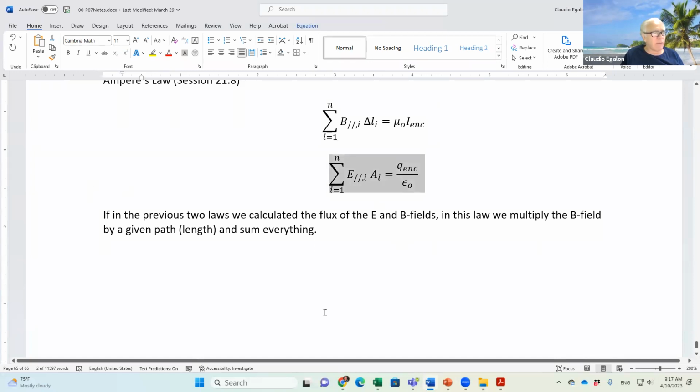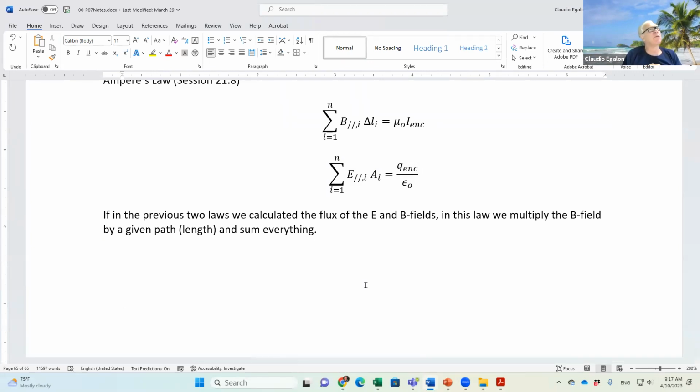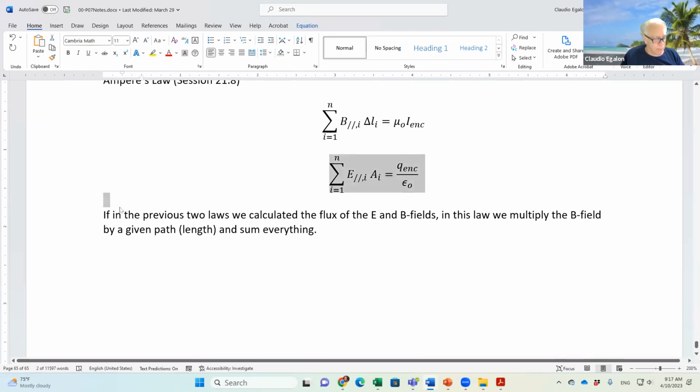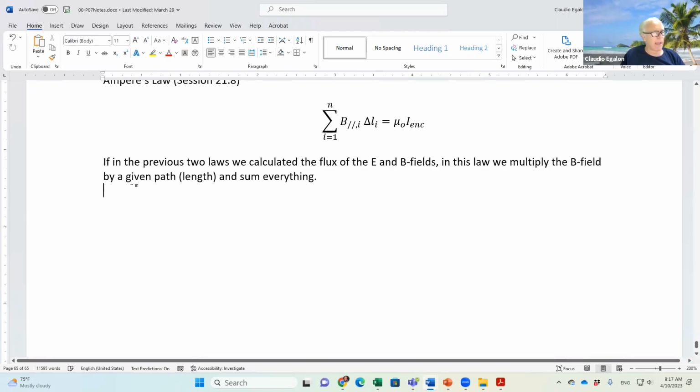Just like for the electric field, we may have 1, 2, 3, even n paths, but here we're going to restrict ourselves to 3 paths only. So you can see how we apply that law.